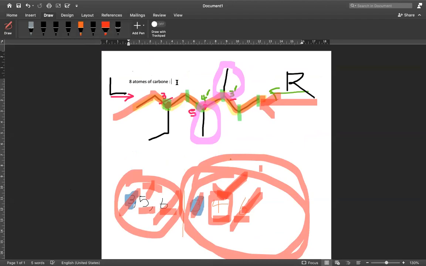Yes. Okay. So now, okay, you're welcome. So now we are going to apply all the rules. So this is an 8-carbon chain molecule.